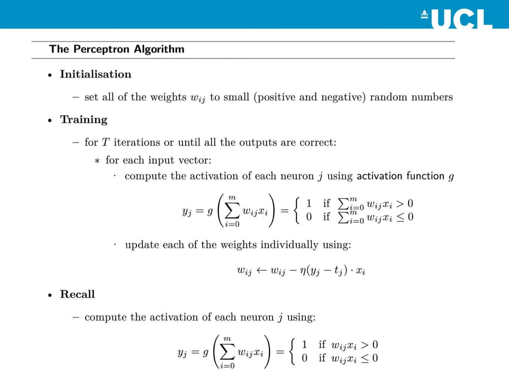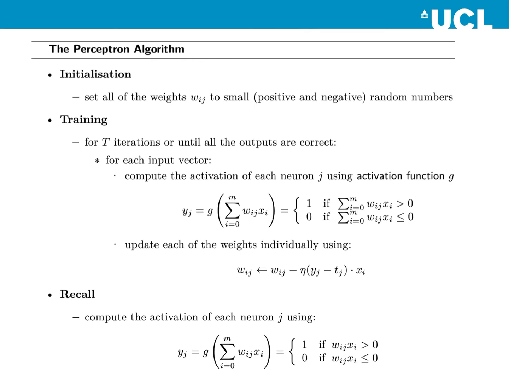Secondly, in your training phase, for each input vector you run it through the activation function. Then you have your output y. Once you have that, you can compare your output to your target, and you use a learning rate called eta.